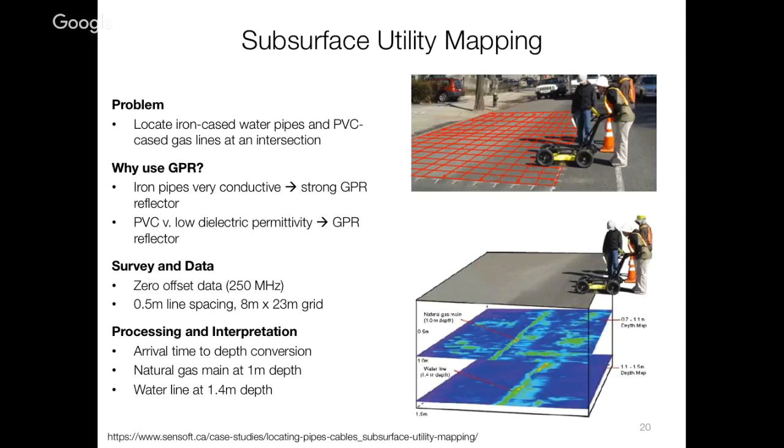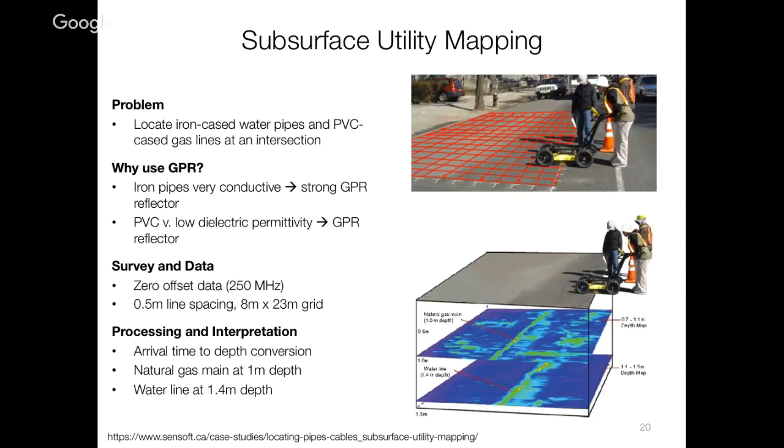Subsurface utility mapping. So here, GPR is sensitive. You get a reflection from anything that changes a dielectric constant. So if you had a PVC pipe that was there, you'd probably get reflection events from this plastic pipe.